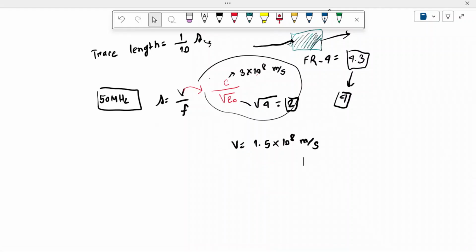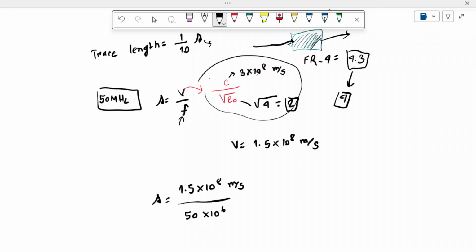And now what we have to do is take the 50 megahertz of the frequencies that we have been using, and we're gonna plug it here. So now let's do lambda equals 1.5 into 10 to the power of 8 meter per second, and we have our frequency of 50 into 10 to the power 6.